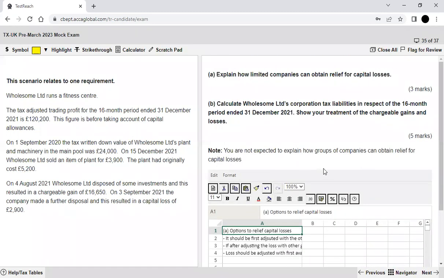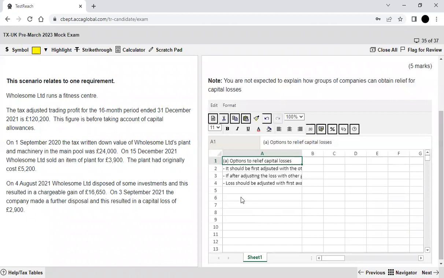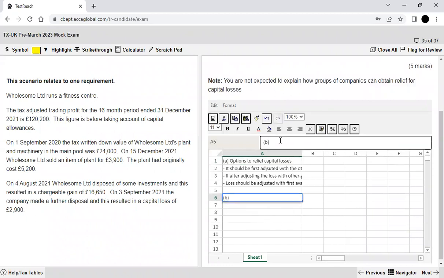Part B. Calculation of corporation tax liability. How will the corporation tax liability be calculated?